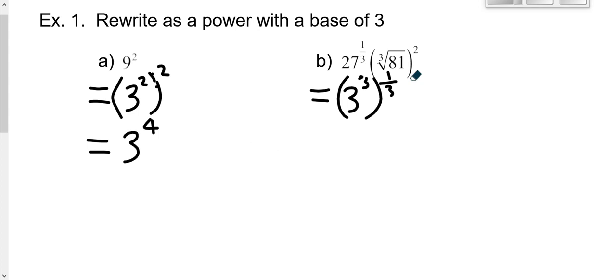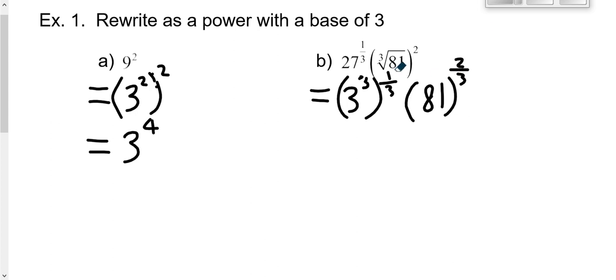Okay, so for me, I'm going to write this way: 81 raised to the power of 2/3. If you don't see what's going on here, this is one of the exponent laws that we talked about on the previous slide. So have a look.